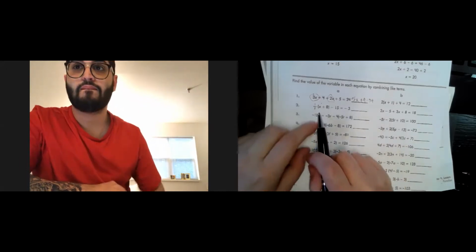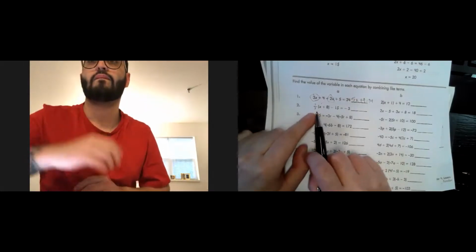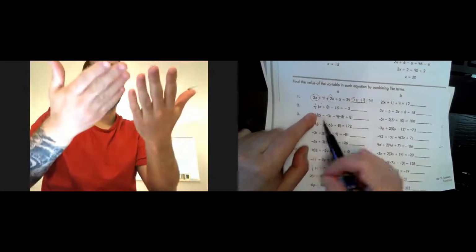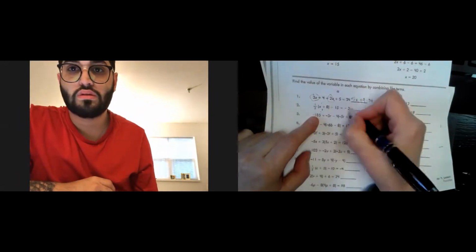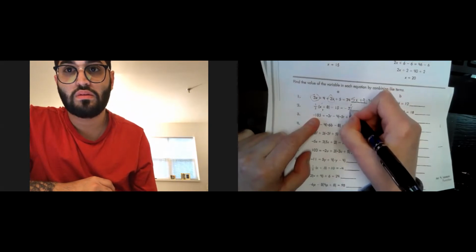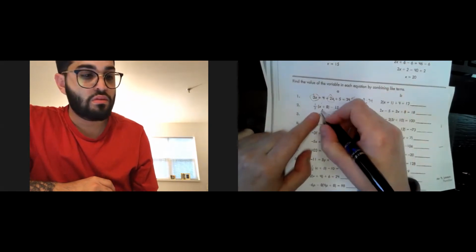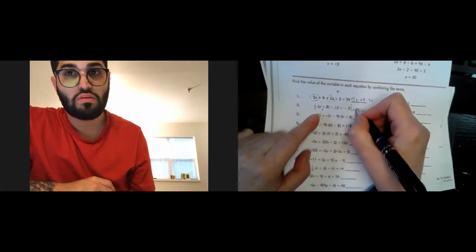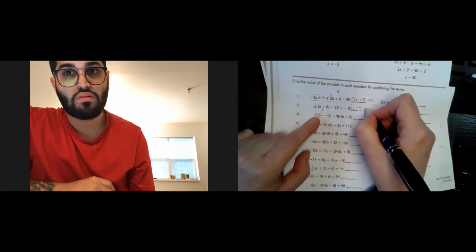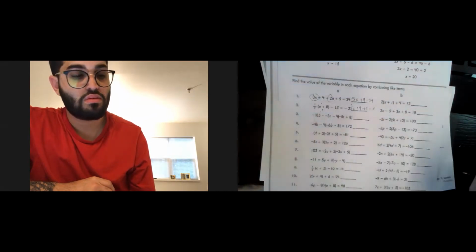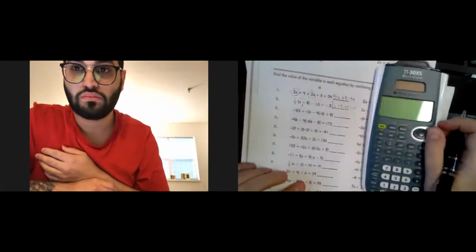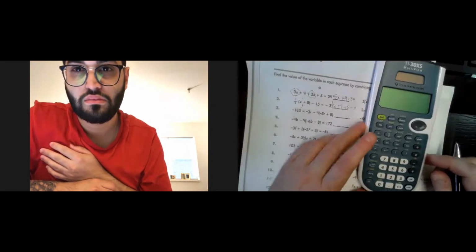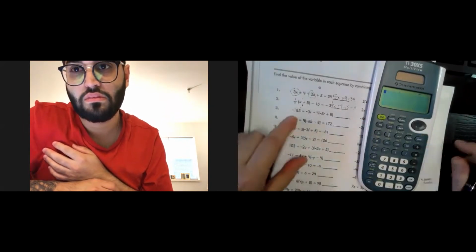So for this next one, this is not pretty when they give you fractions. So this is going to be 1/2 x plus 1/2 times 8 would be 4, minus 15 equals 3. And on these, this is when you use that calculator on the screen, because you can type this in.